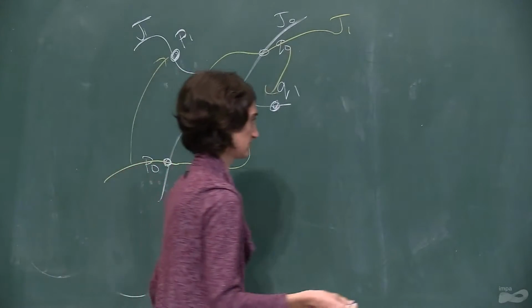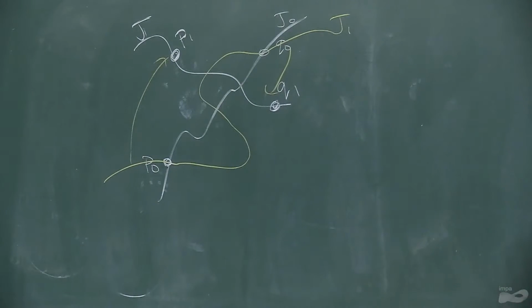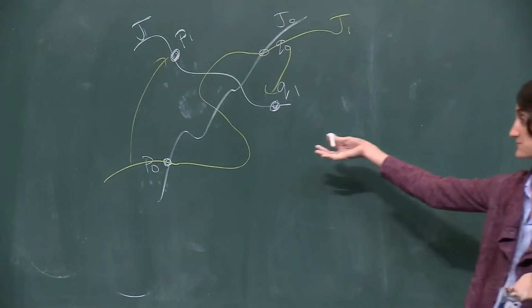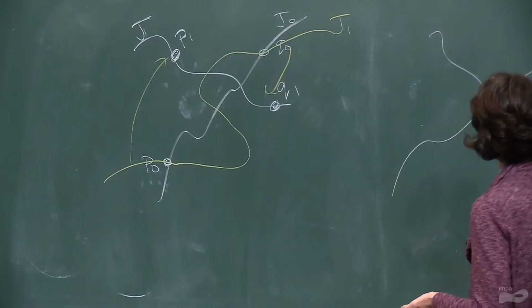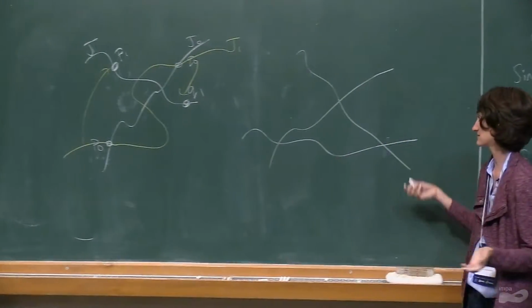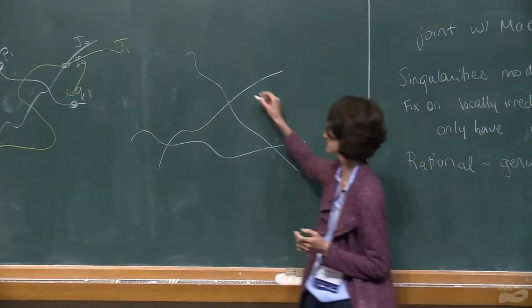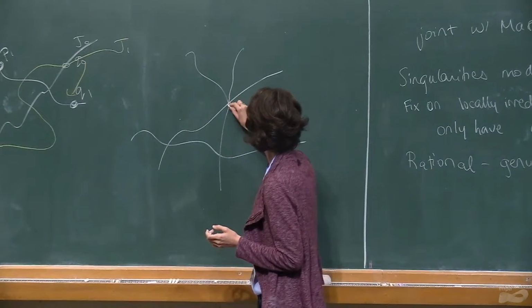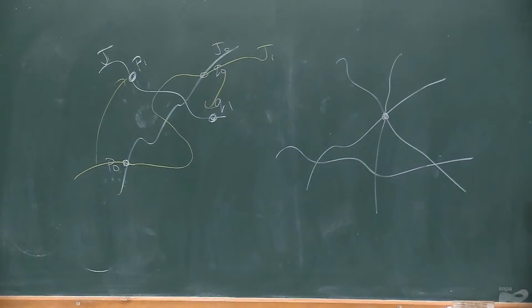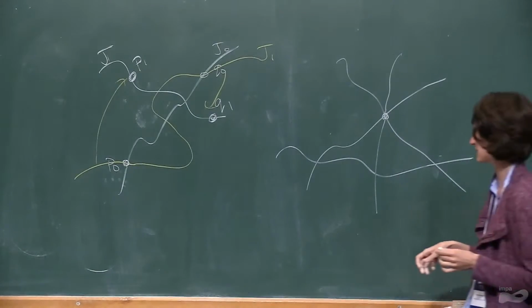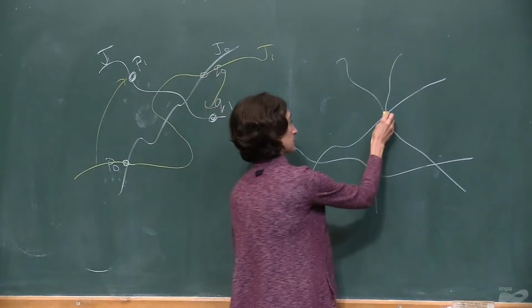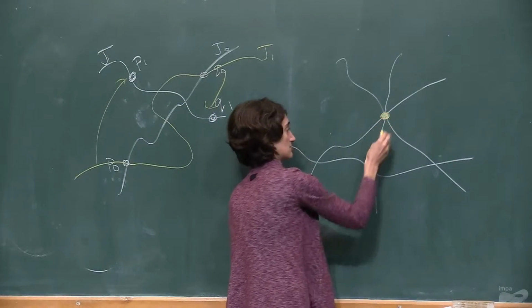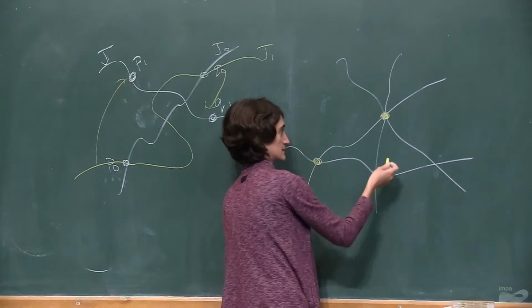So using this fact that there's a unique J-holomorphic curve through every 2 points, not only can I do this for degree 1 curves, but I can do it for a collection of degree 1 curves. So if I had maybe 3 different lines, or 4 different lines, maybe they intersect in some non-generic way, then I can emulate this procedure, and I can control some 2 points on each line.